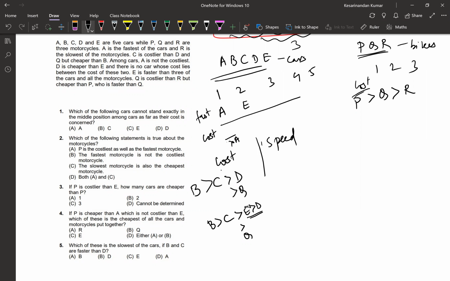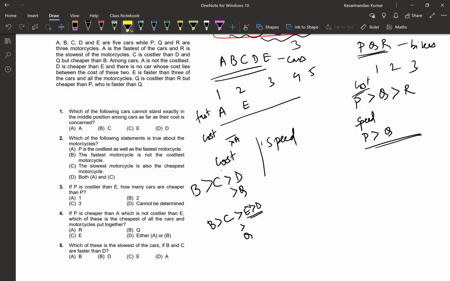And P is faster than Q. Okay. So among speed, P is faster than Q. We have no info of R. So the thing that we have to see is R is the slowest of all the motorcycles. Is it mentioned here? Yeah, in the second line.